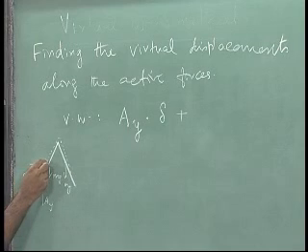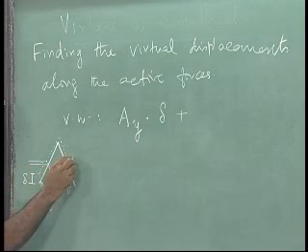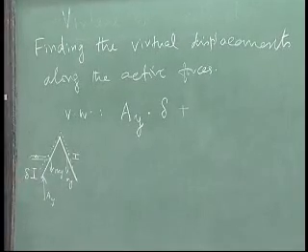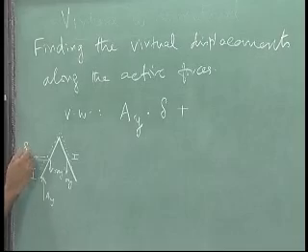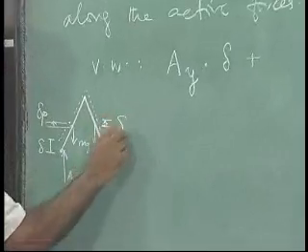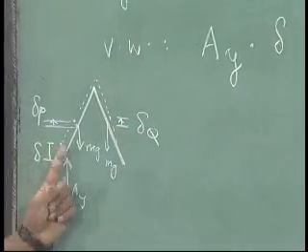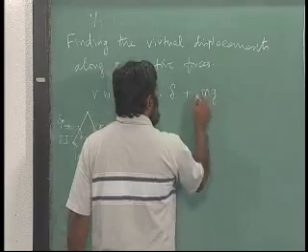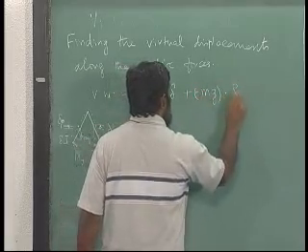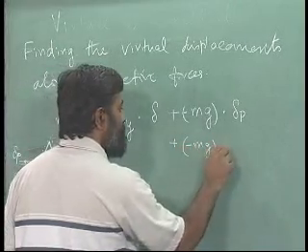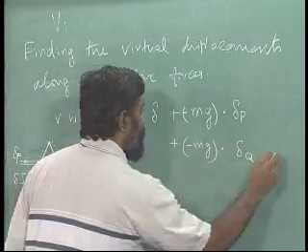Let us say this movement in the upward direction is delta p. This one again in the upward direction is delta q. Mind you, movement upwards, force downwards. So, I will have minus mg times delta p, similarly minus mg times delta q, and this should be equal to 0.